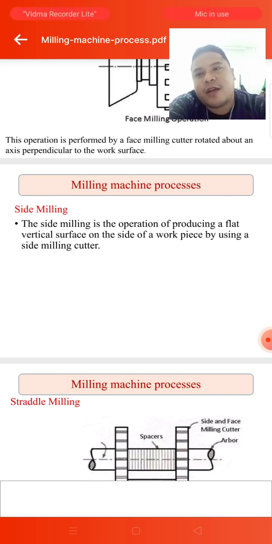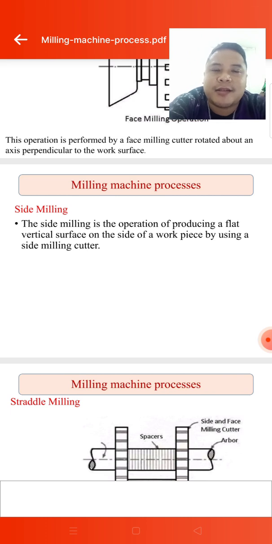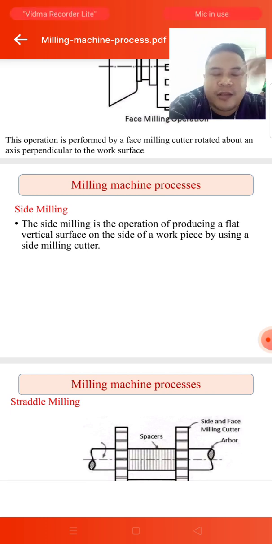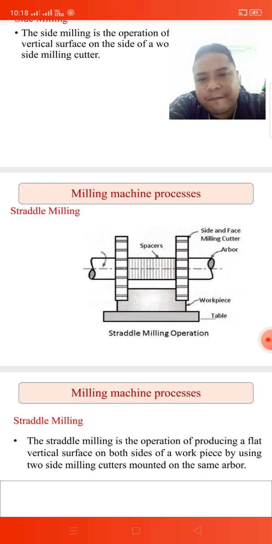It is the same operation or process as end milling, the only difference is the shape of the cutters. The side milling cutter is shaped like a plate, but the end milling cutter is the same as the design or application of the drill bit.